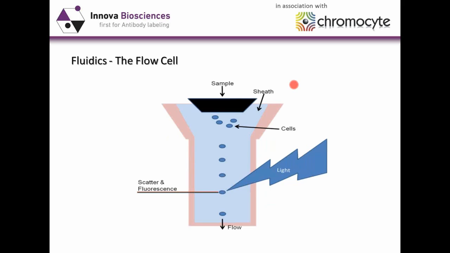So if we look at the flow cell, a very simplified version, going back to the basic principles, what a flow cytometer can do is analyze cells which are in a suspension. One of the key elements of a flow cytometer is focusing the mixed cell population into single cells, which can then be interrogated by the laser and the other components of the instrument.